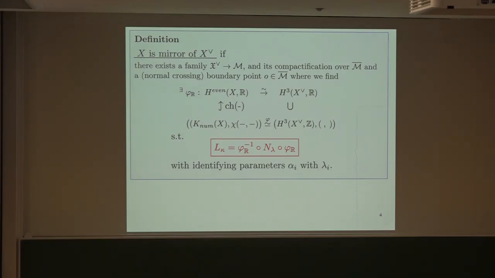X is a mirror of X check if there is a family of X check, mirror Calabi-Yau, and not only a single family but a suitable compactification where we find a normal crossing boundary point. And there, just as I explained, we have a nilpotent action, and on the X side we have a nilpotent action which comes from the Lefschetz action, the Lefschetz theorem.